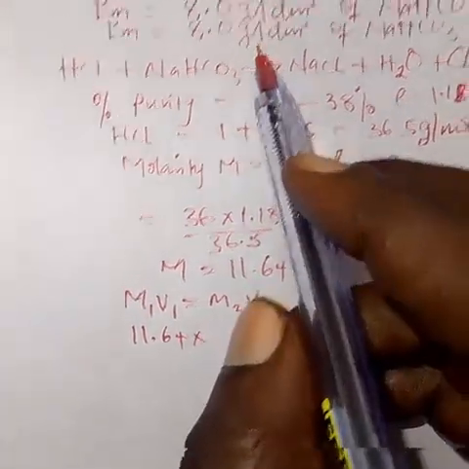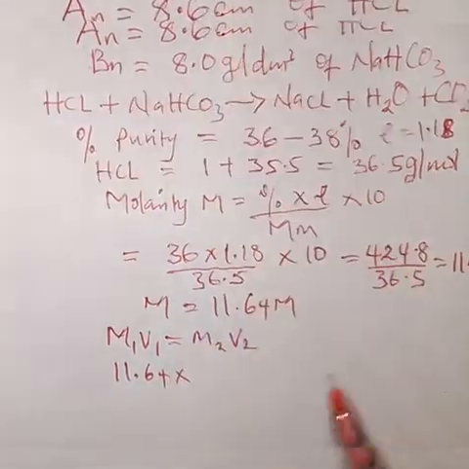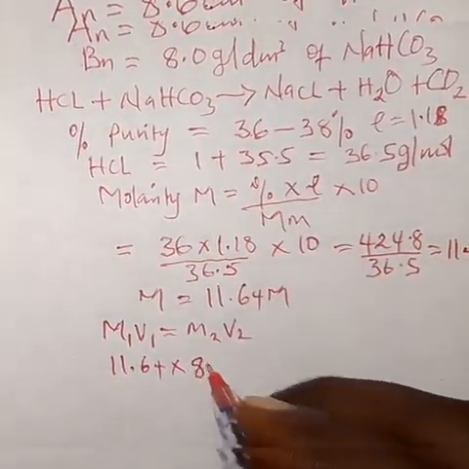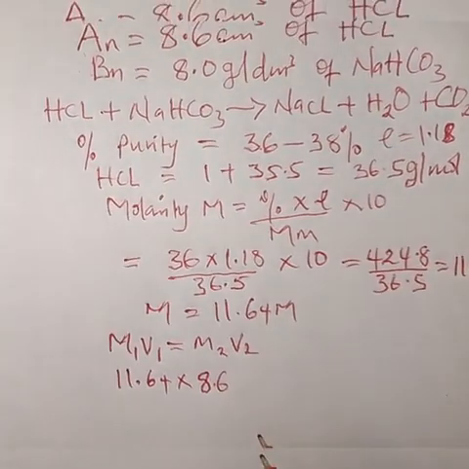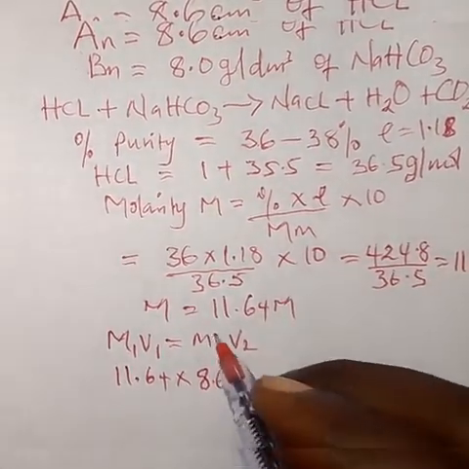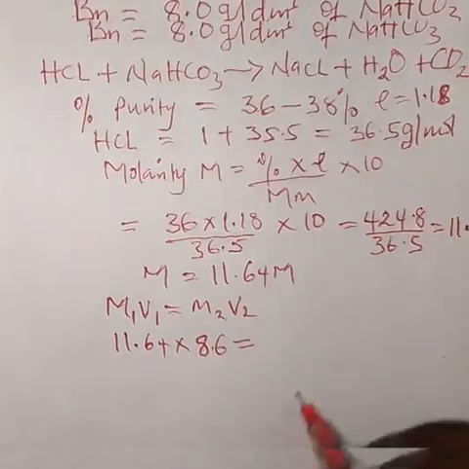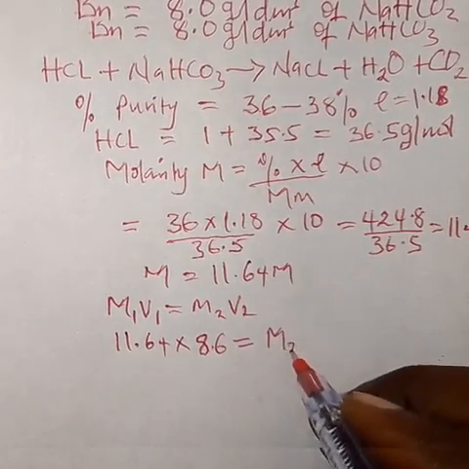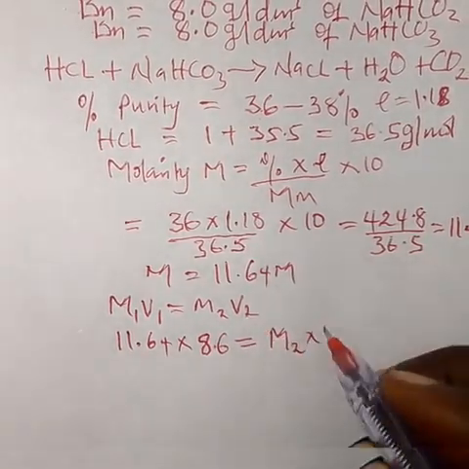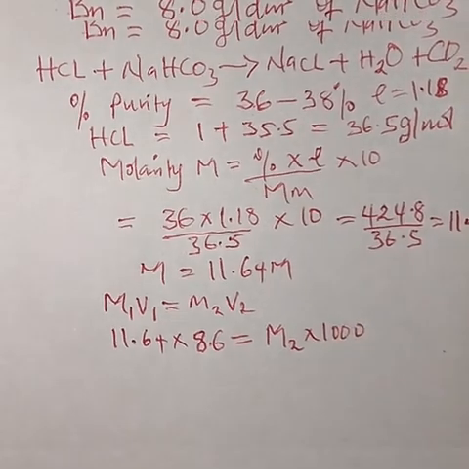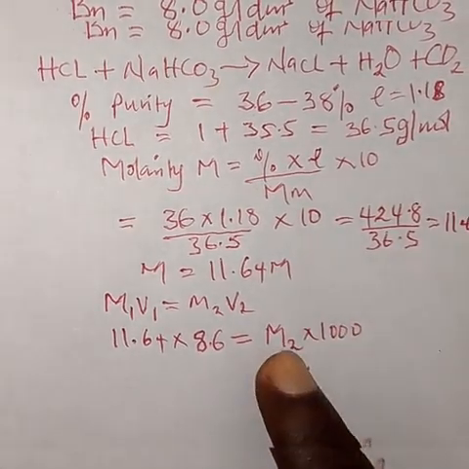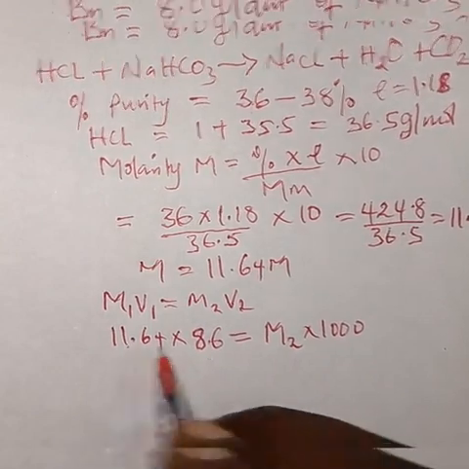WAEC has given us 8.6 cm cube. So this is the volume that is given. Then it is equal to M2, which we don't know, the molar concentration of the acid, but we know that the volume we want to use is 1000 cm cube, which is 1 dm cube of the solution, because that's the concentration of the acid in moles per dm cube.